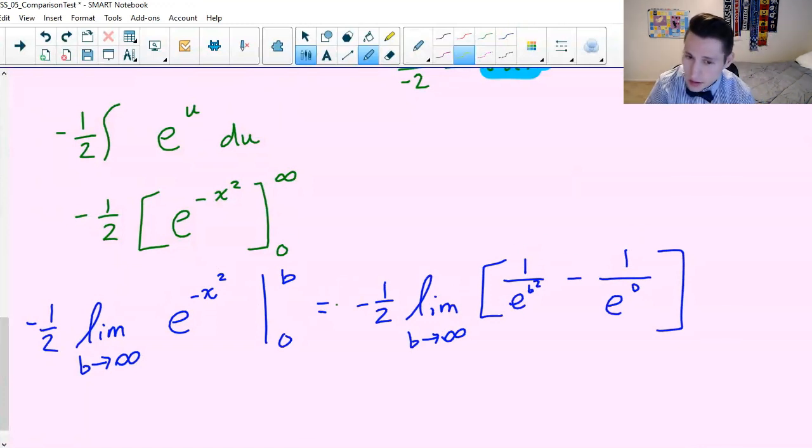So as b goes to infinity, 1 over e to the b squared is just going to 0 as that denominator gets larger and larger.